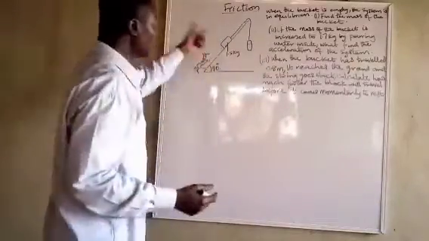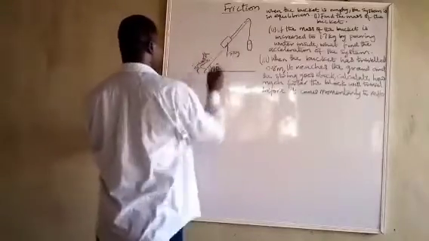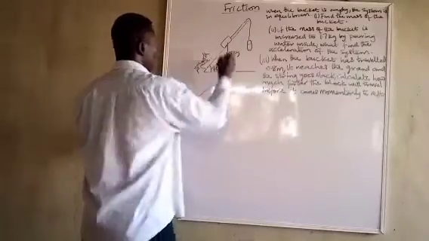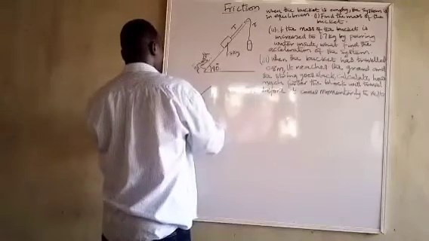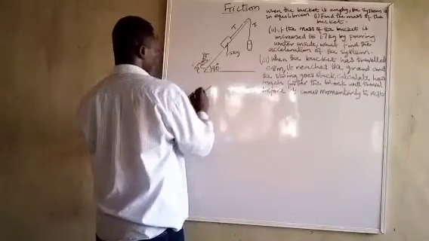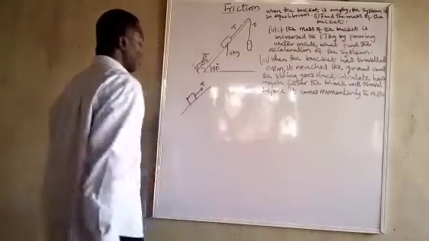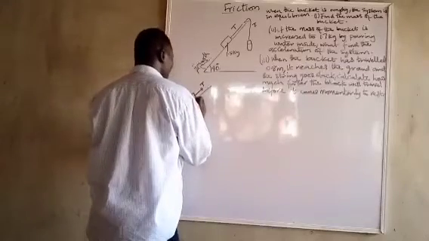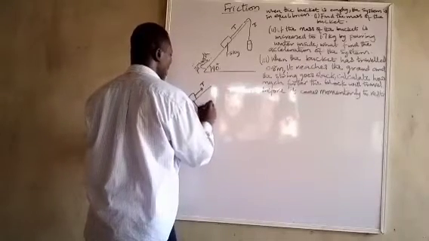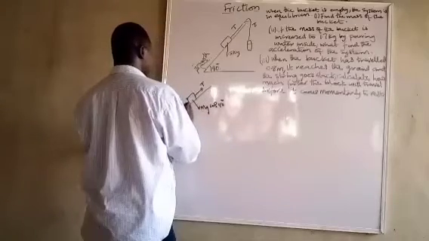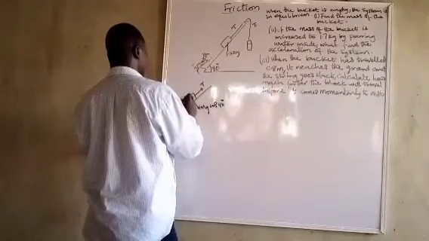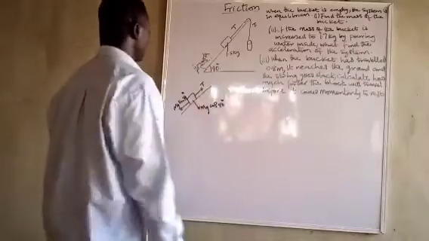I like to resolve along the plane. Let's have T here, and T here. This box is in equilibrium with T acting up the plane, and we have mg cos 40 and mg sin 40 degrees.